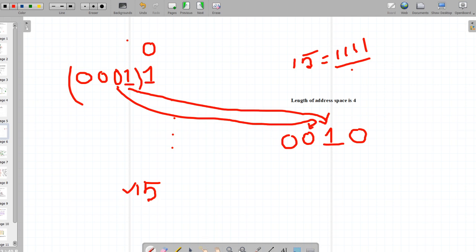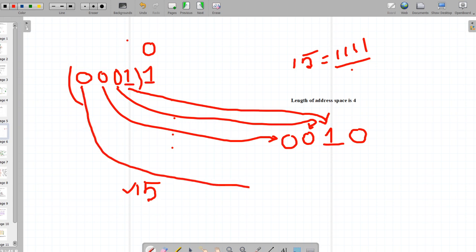The third bit, this 0, is shifted by a single bit towards left, and lastly this bit is shifted towards left by a single bit, and in this shifting process it has come in the place of the rightmost bit.